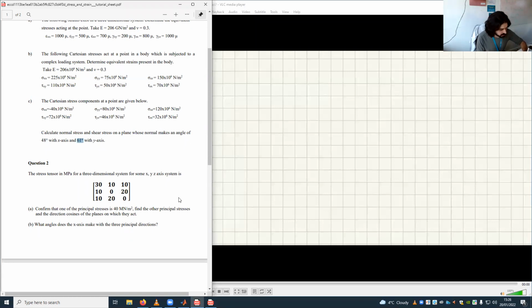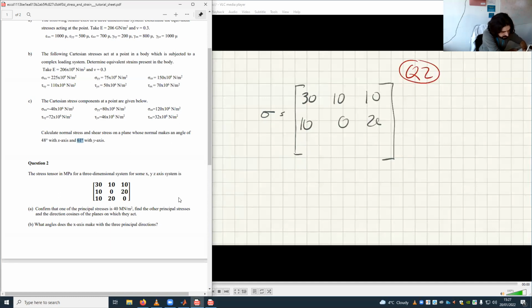So let me write the stress tensor first. Sigma equals 30, 10, 10, 10, 0, 20, 10, 20, 0.